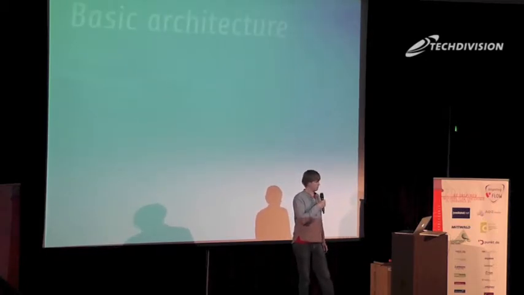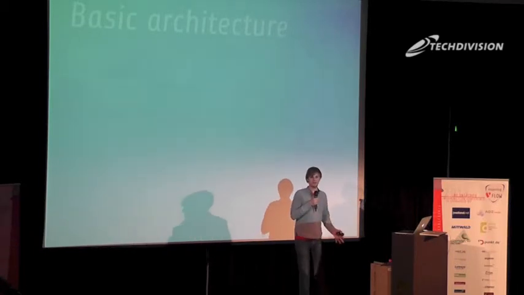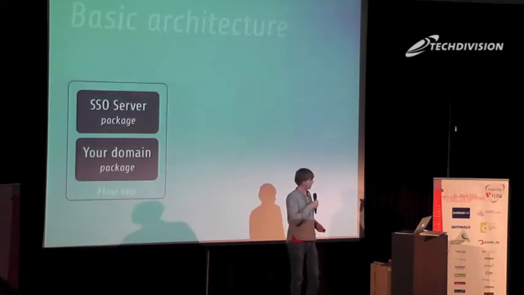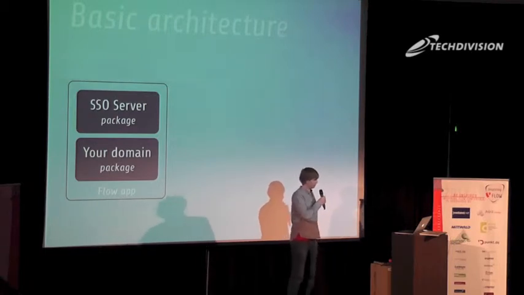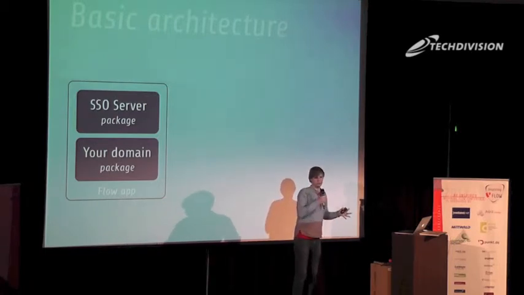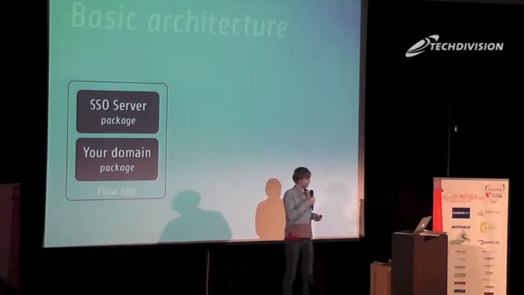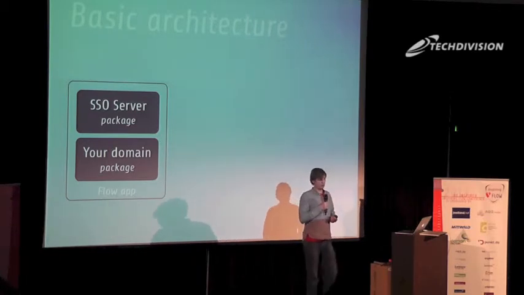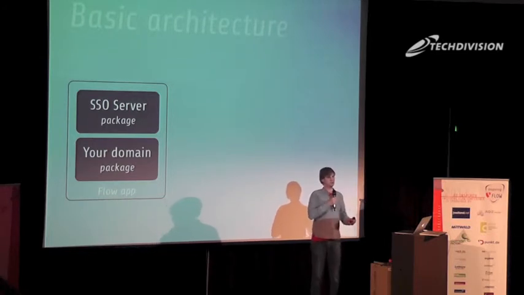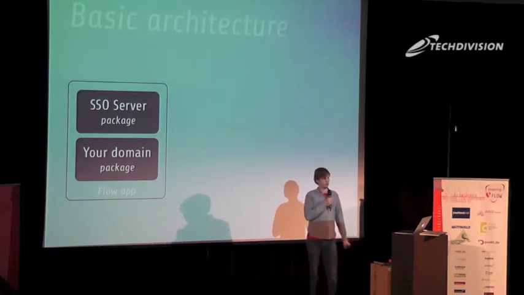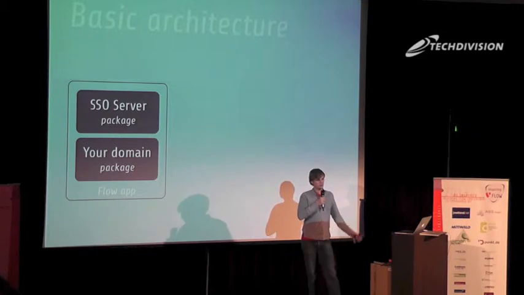So, what's the basic architecture for integrating that into Flow? Here we have a server, which will be one system in your landscape, one web app, which is a Flow app, which has the single sign-on server package, and then it has some domain package, maybe your user management module or integration into your Active Directory or whatever you want.